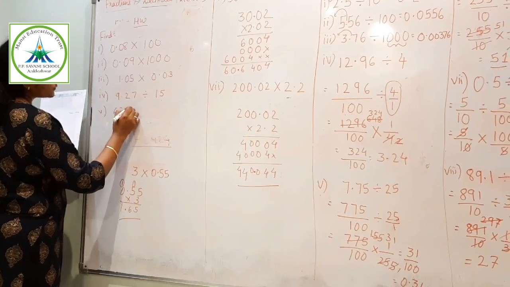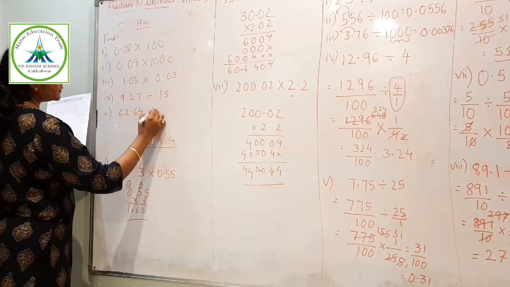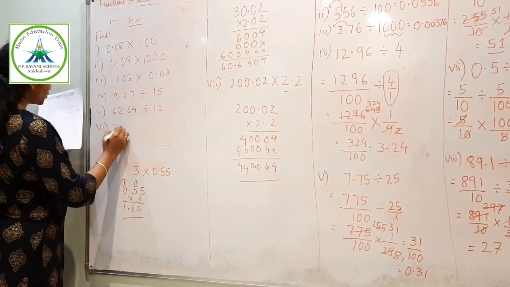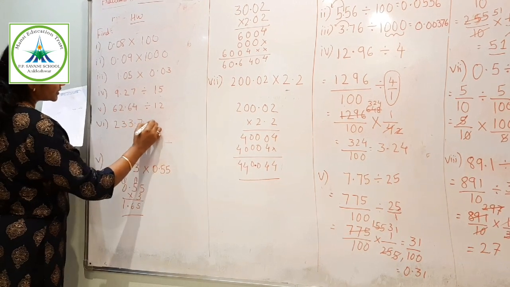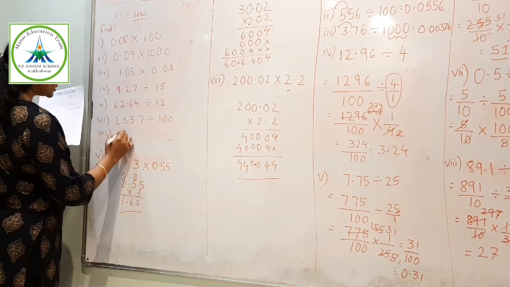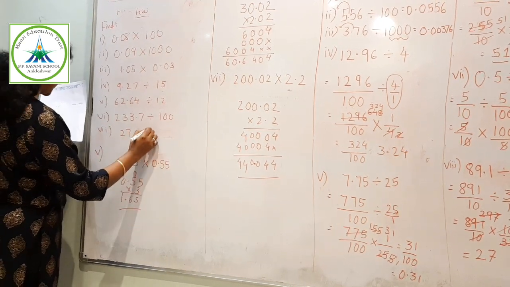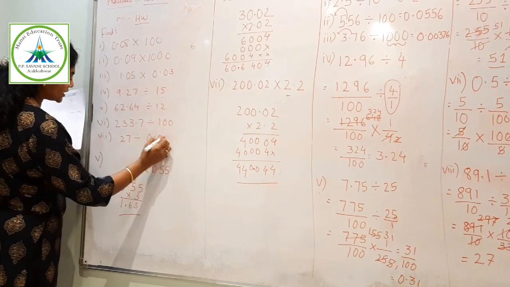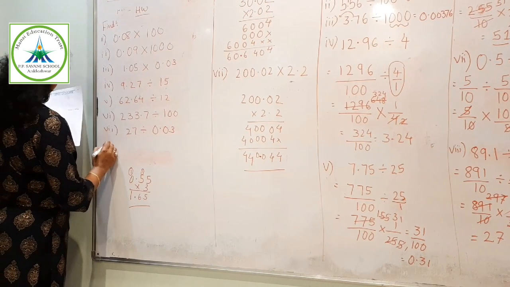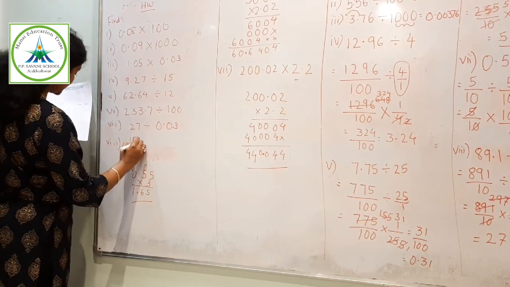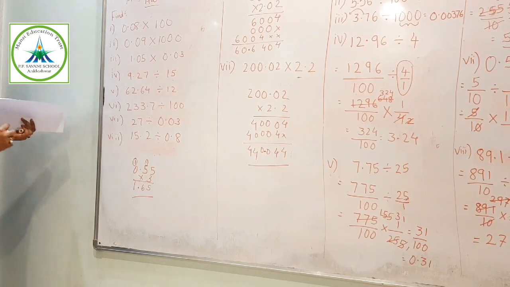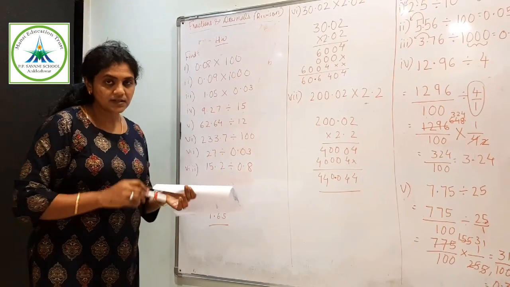Fifth, 62.64 divided by 12. Sixth, 233.7 divided by 100. Seventh, 27 divided by 0.03. And eighth, 15.2 divided by 0.8. So these 8 sums I have given.